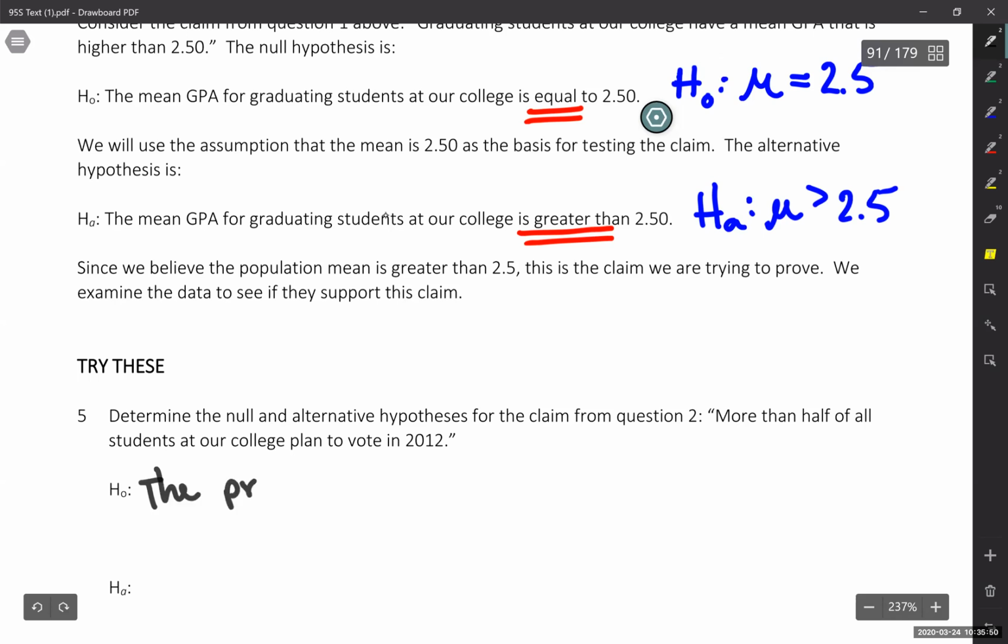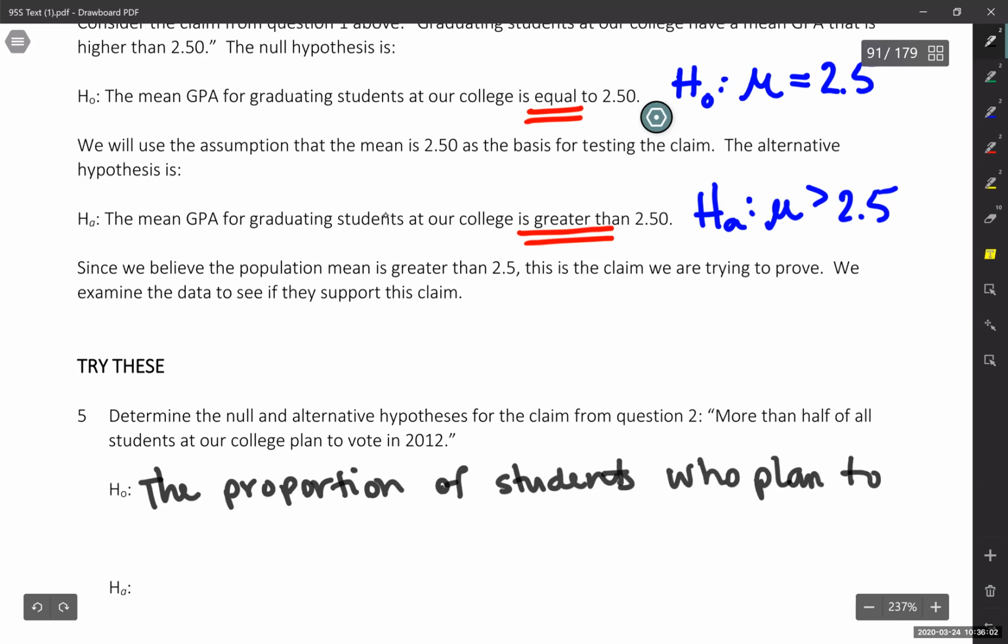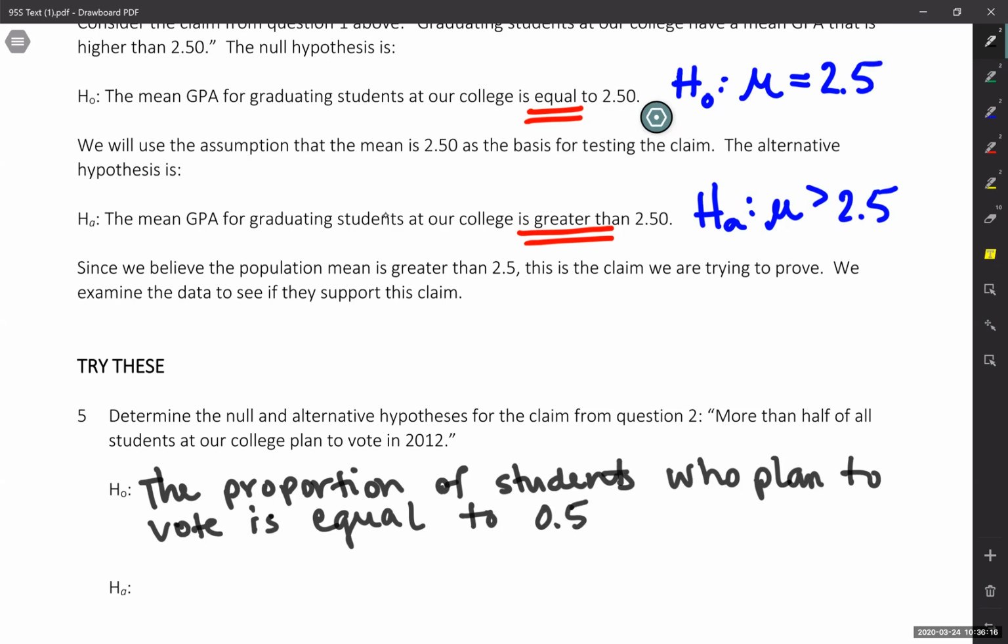The proportion of the students who plan to vote is equal to, and you can either use the word half or you can just write it out. So I'm using that equal, like I talked about before, for the null hypothesis.